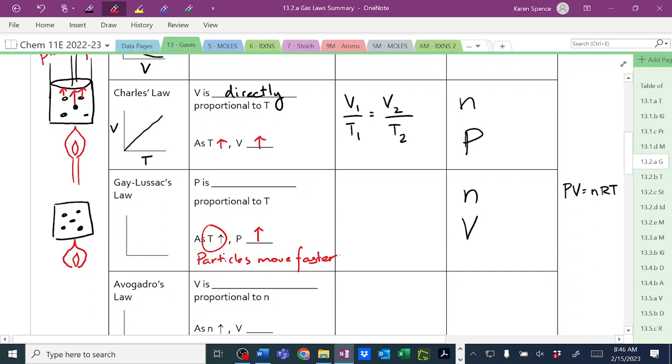And they collide more frequently and with the walls more frequently and with more energy.